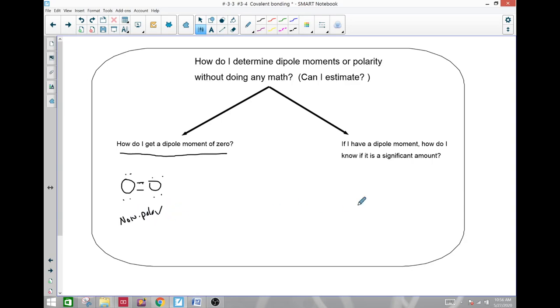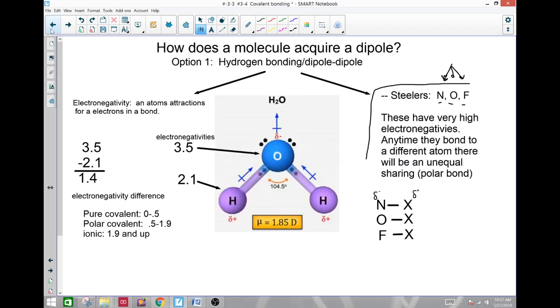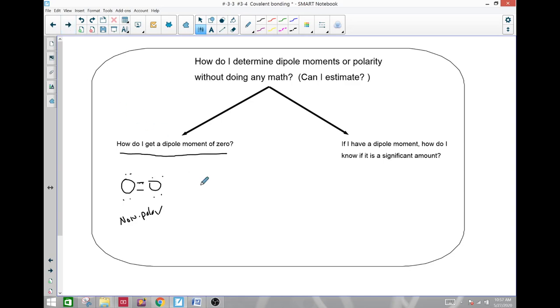Well, what if it's not like that? If I have a dipole moment, how can I know if it's a significant amount? I don't want to have to go through and add and subtract everything every single time.